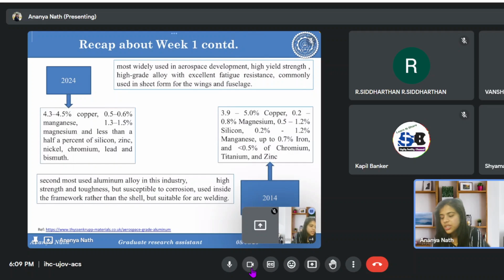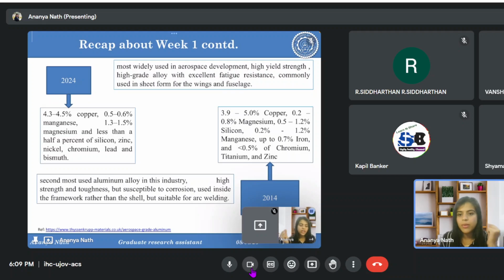In the composition, if you see, copper is the main alloying element, which is higher in percentage. In 2024, 4.3 to 4.5% copper is present. Also, there is a range for each alloy. It doesn't mean that a 2024 alloy will have a definite percentage of each element.